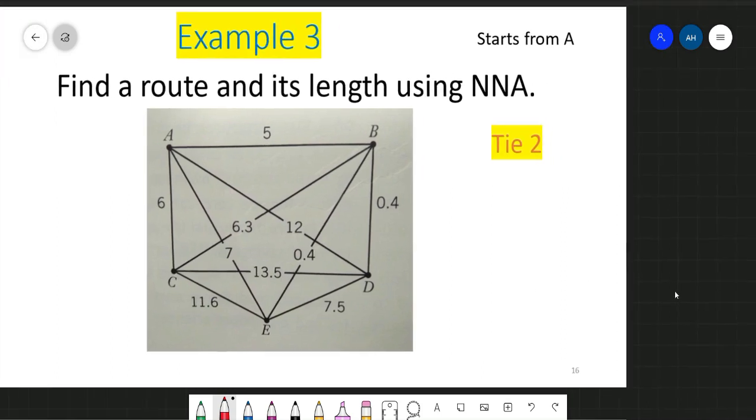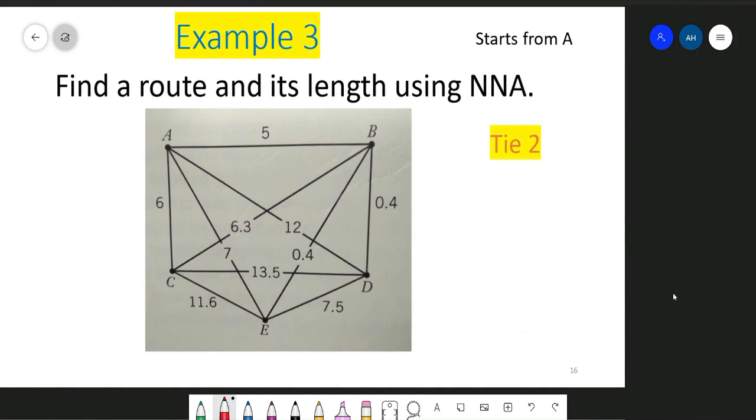Now let's do it one more time, and at the end we are going to compare the total length. Which one is the smallest, because we are interested in finding the smallest length. So again, we are going to solve the same problem but using a different edge.